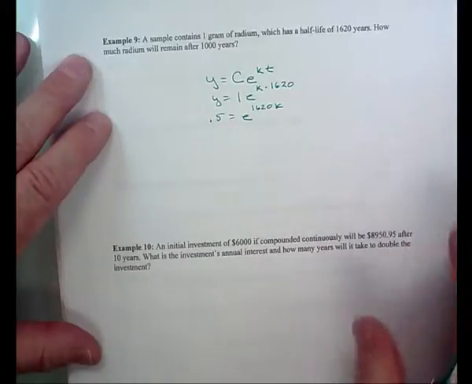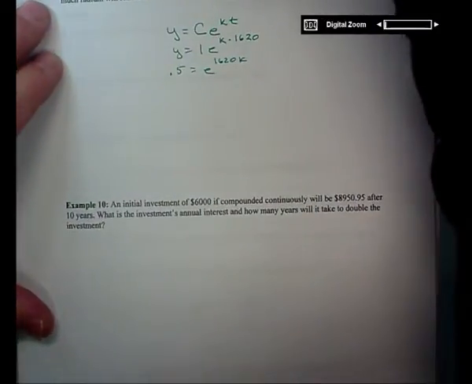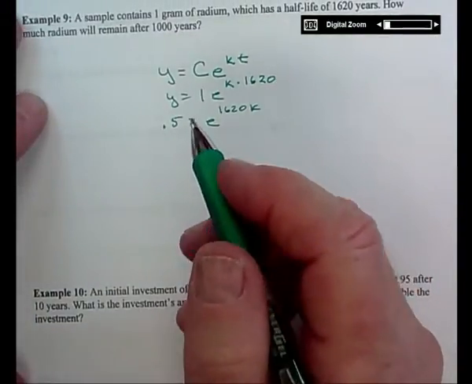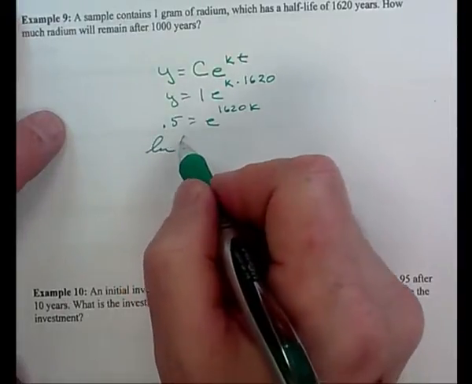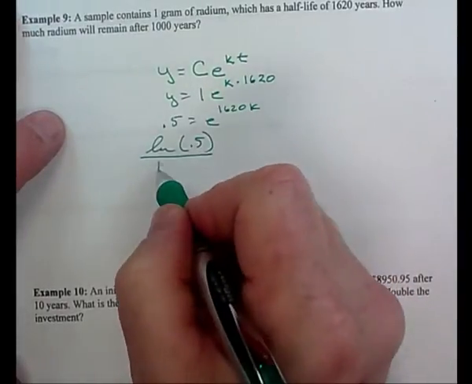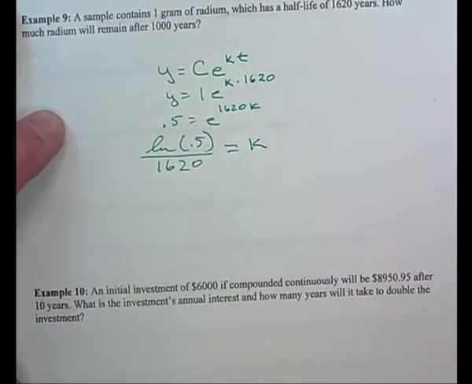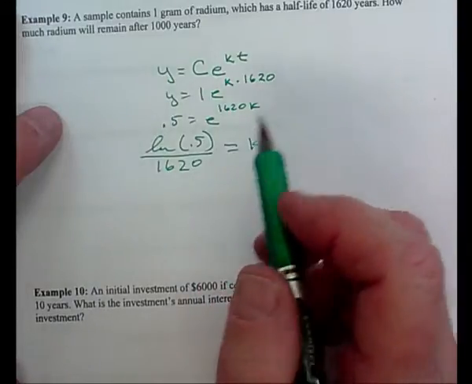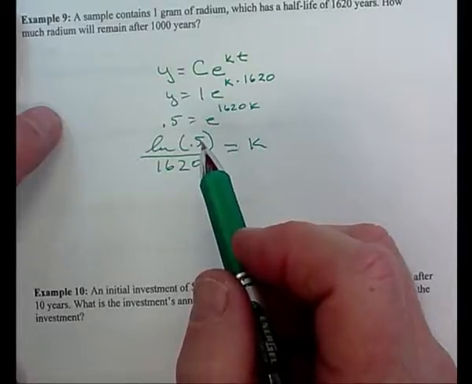Are you okay with that notation? Yeah. Can you see it okay? Yeah. All right, so somebody with a machine is going to do what? ln 0.5 over 1620. And that's only giving me my rate of growth, correct? Yeah. Alrighty. Excuse me, it's going to be rate of decay because it's negative, right?